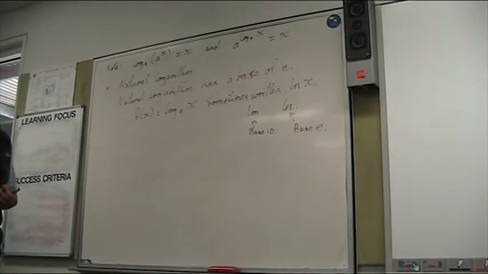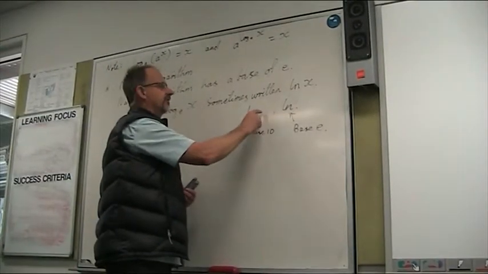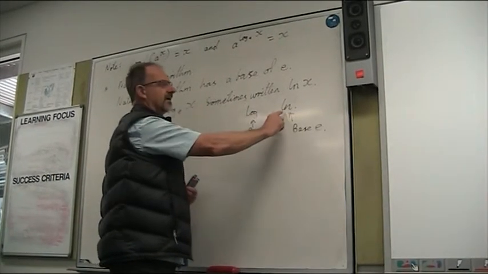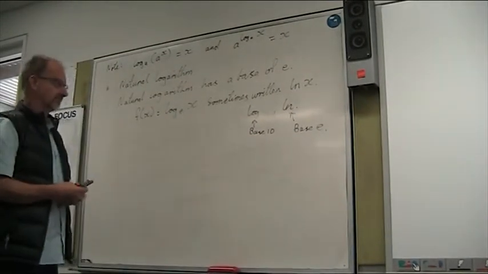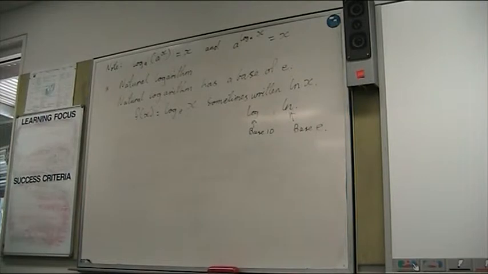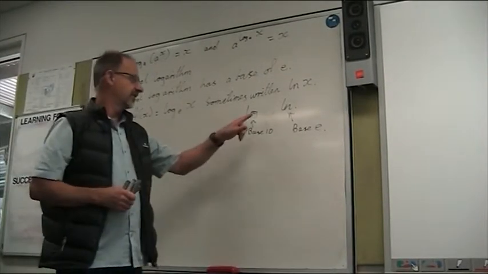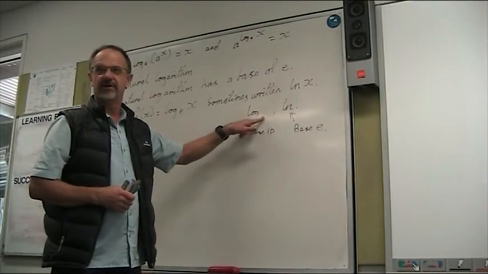Often you'll see it written just log with nothing there, that means base 10, or you'll see ln, that means base e. Your calculator also has an option with a blank spot for the base, where you can choose whatever.